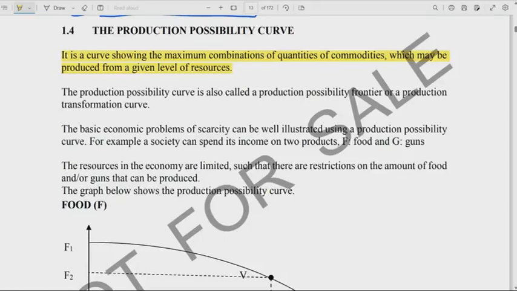It shows the types of combinations that you can make to maximize the available resources. The production possibility curve is also called a production possibility frontier or production transformation curve.